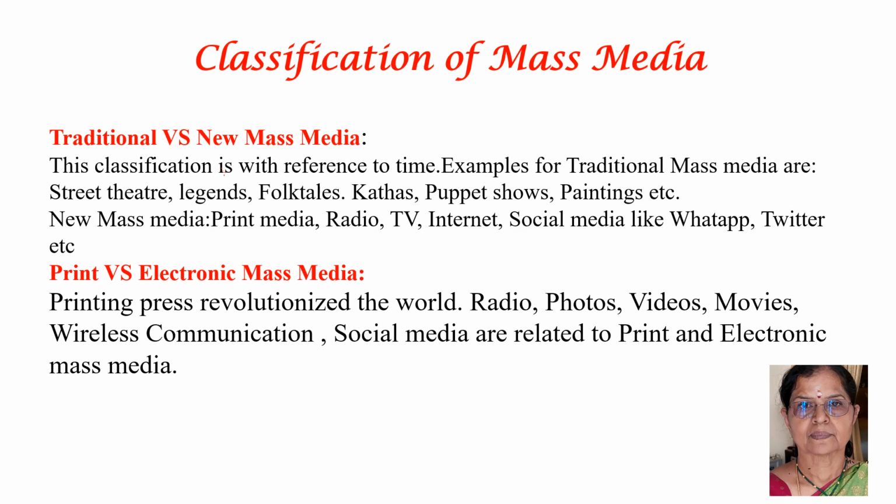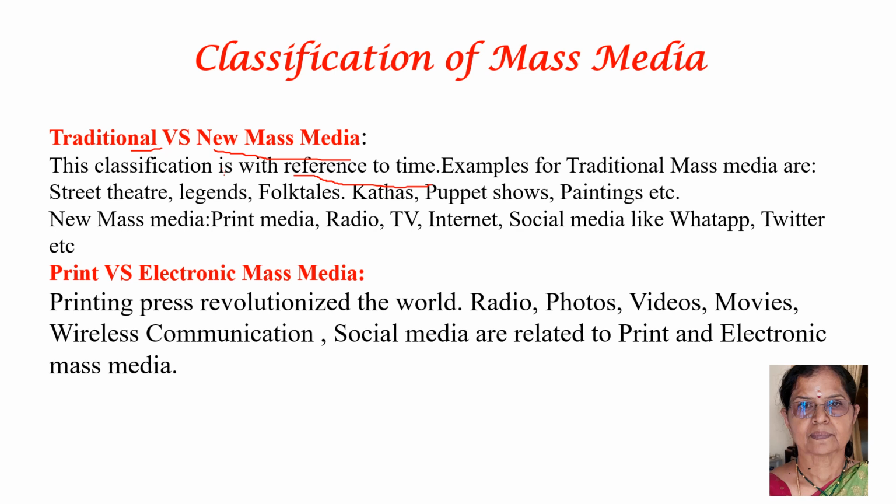Mass media can be classified in many ways. One way is with reference to time. We classify mass media into traditional mass media and new mass media. The old ones are called traditional and the new ones are called new mass media.